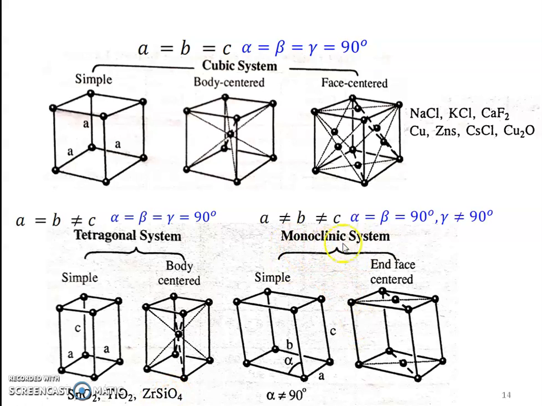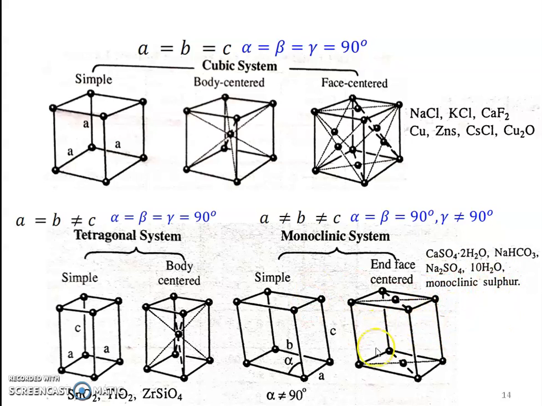This is the monoclinic system. Already I explained about the parameters. These are the shapes. This is the simple monoclinic, and this is the end centered monoclinic. Examples are copper sulfate dihydrate, sodium bicarbonate, sodium sulfate decahydrate, monoclinic sulfur.